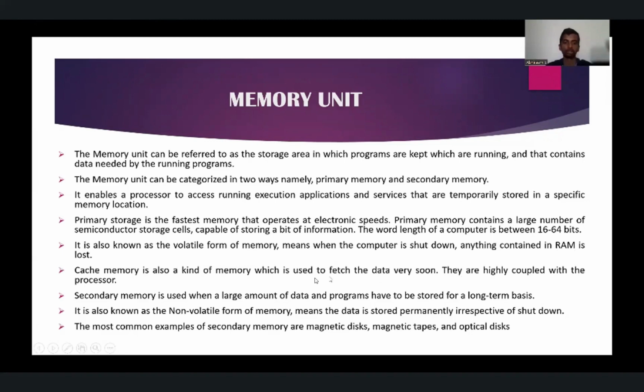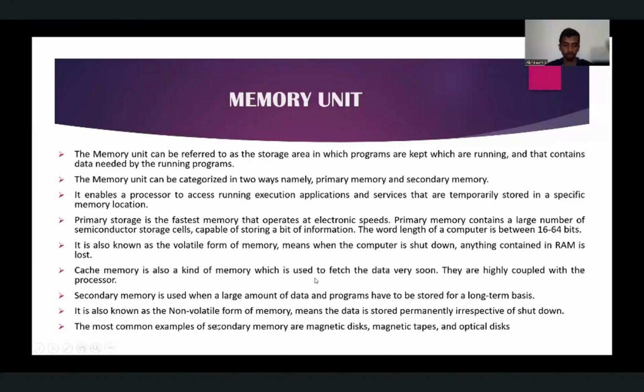Secondary memory is used for storing the data permanently. So even when the computer is switched off, the data is not lost and it will be stored permanently in the storage device. Hence, it is known as a non-volatile memory, meaning the data is stored permanently irrespective of the shutdown.